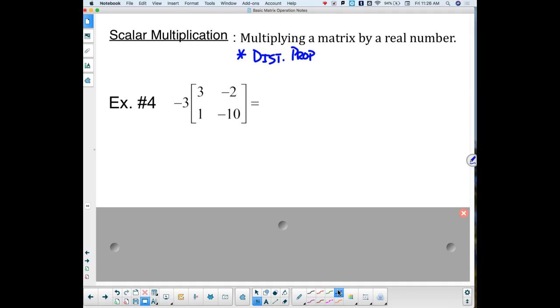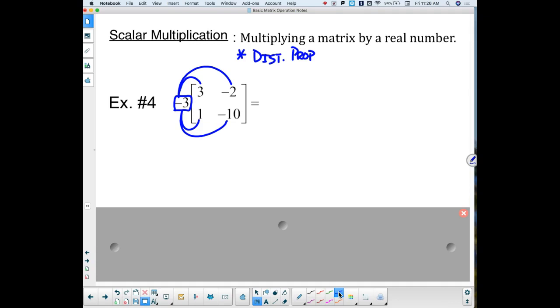Okay? So if I'm scalar multiplying here, I'm going to take this negative 3 value and multiply it there, there, there, and there. I'm going to multiply it into all of the elements of that particular matrix.